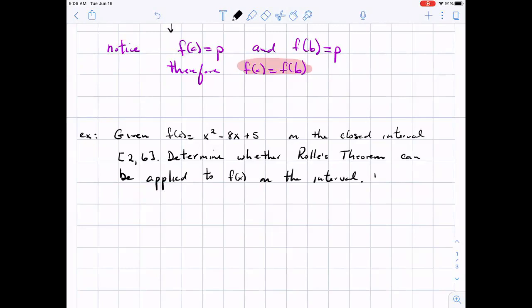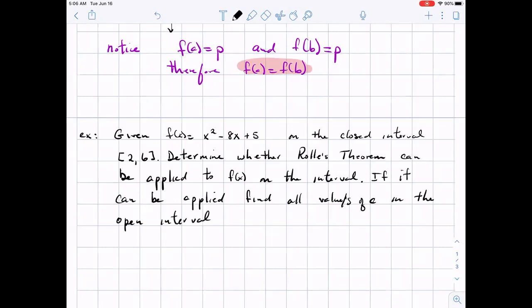And if it can be applied, find all values of c in the open interval (a, b).